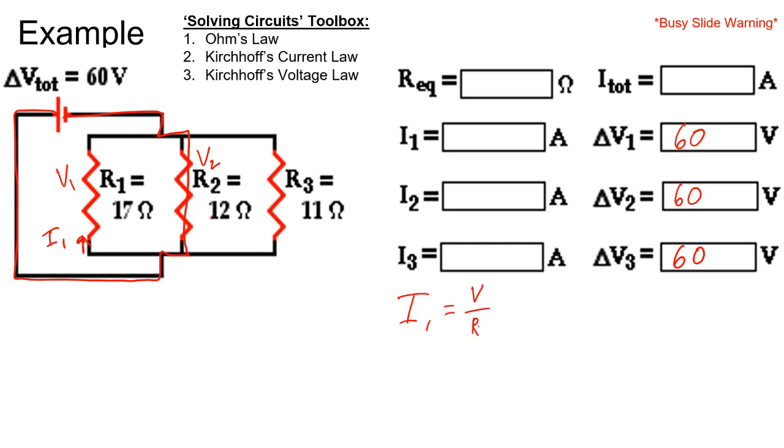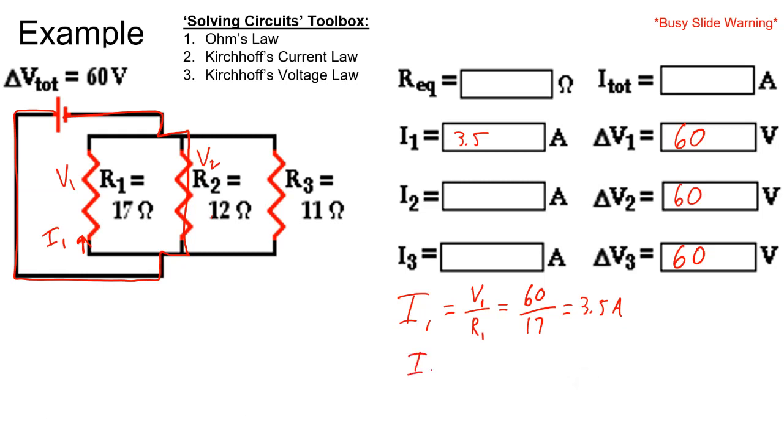So V over R, and as long as our subscripts are all the same, the current through resistor 1 is equal to the voltage drop across resistor 1 divided by the resistance of resistor 1. We should get our correct number here. Voltage drop through resistor 1 is 60. Divide that by our resistance of 17 ohms. If we plug and chug that, we get 3.5 amps. So 3.5 amps is our current through resistor 1.